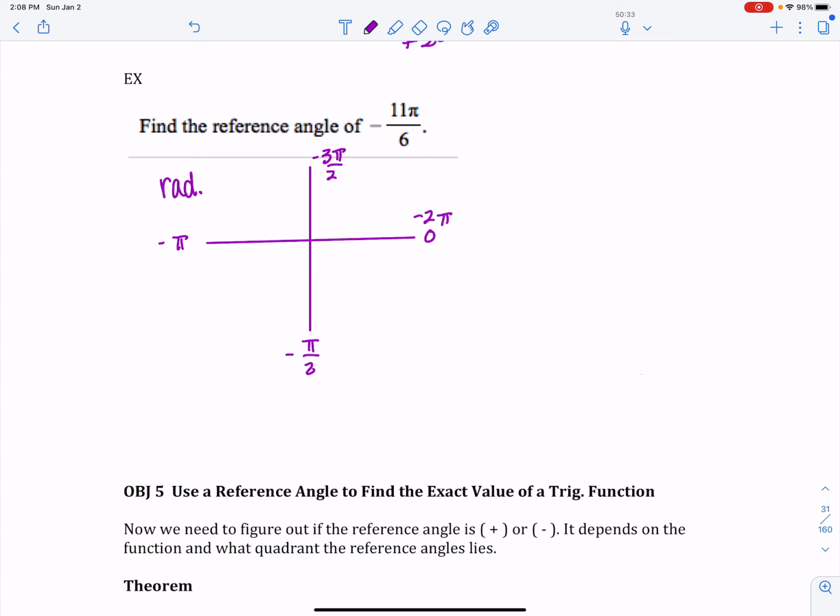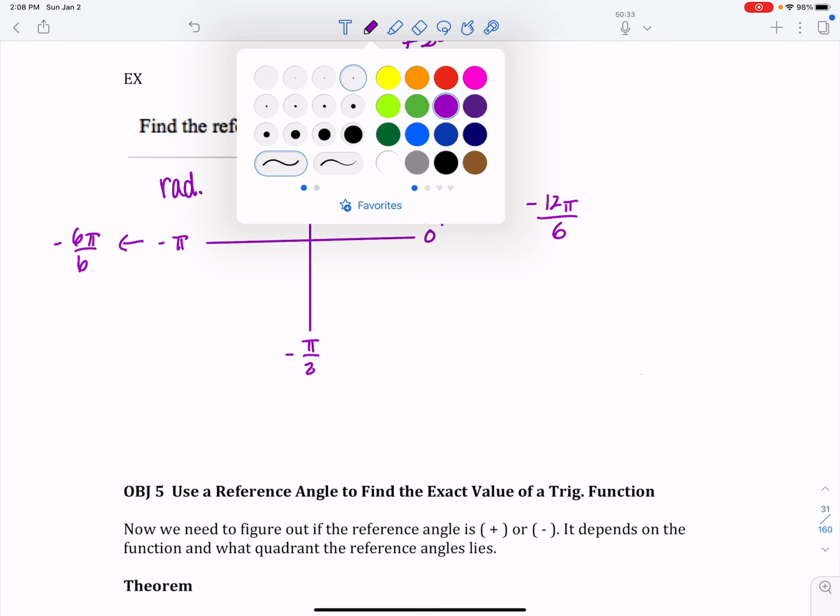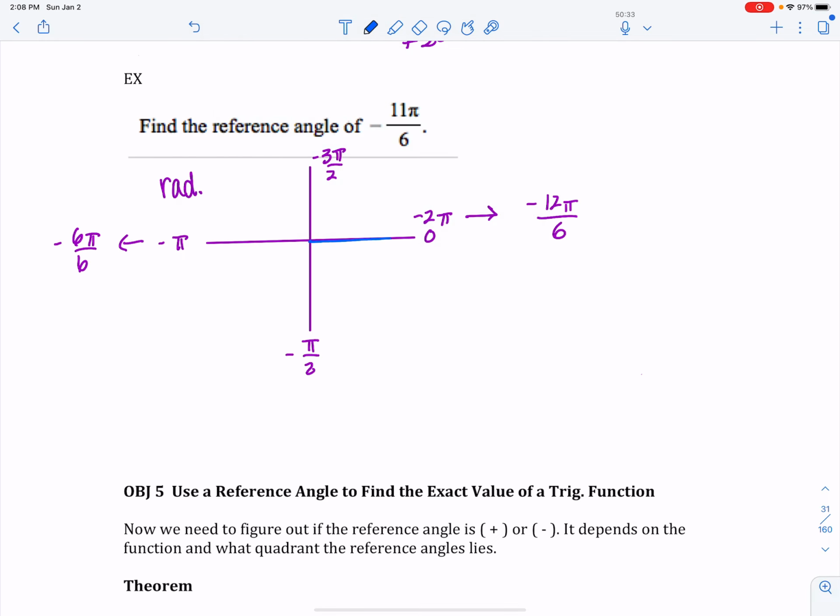So I notice my denominator is a 6. Negative 2 pi is going to be negative 12 pi over 6, and negative pi is going to be negative 6 pi over 6. So negative 11 pi over 6 I know is in quadrant number 1.